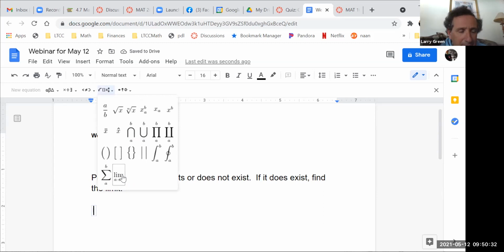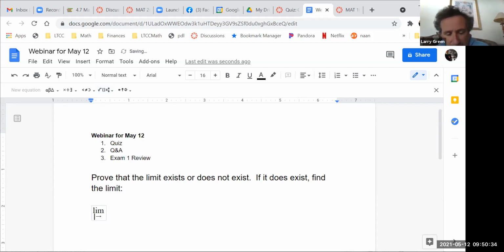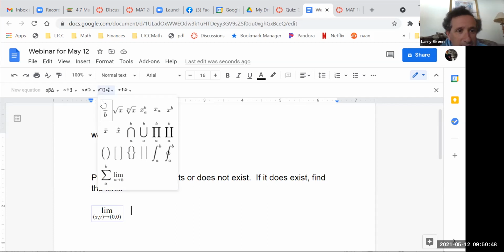So the limit as (x, y) goes to (0, 0). The typical ones I do have fractions.